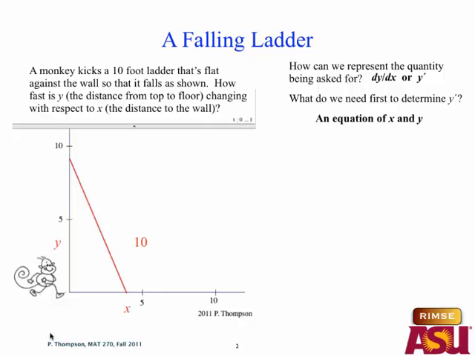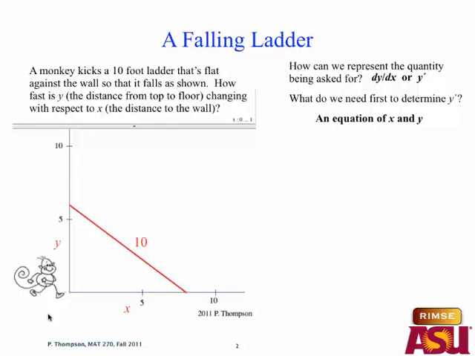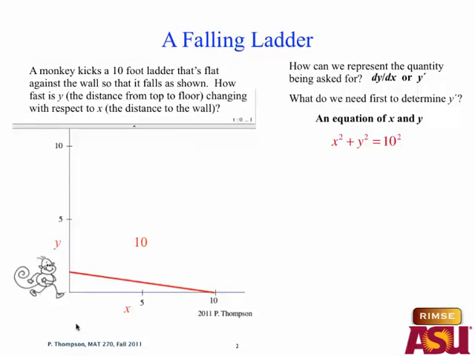All right, what relationship is always true? Think before you just jump to something. What's our relationship between x and y and 10 that holds true? Pythagorean theorem: x squared plus y squared equals 10 squared. No matter where the ladder is, would you agree that that relationship always holds? Yeah. So that's going to be our equation.